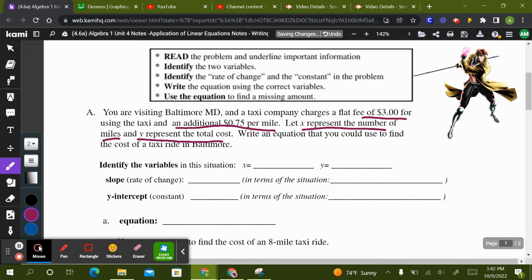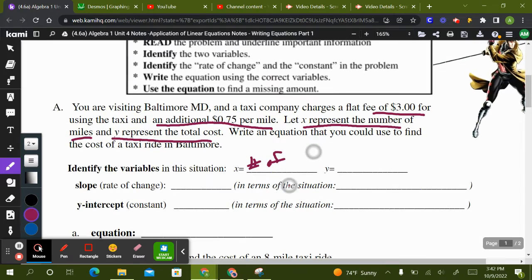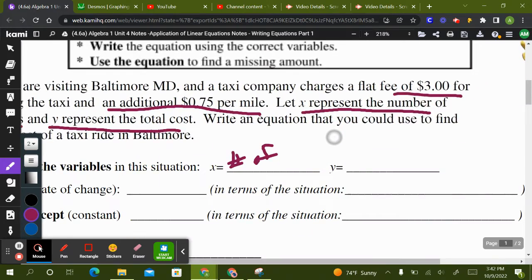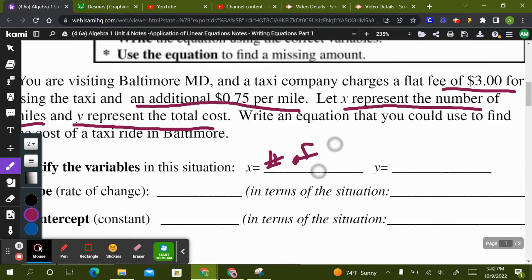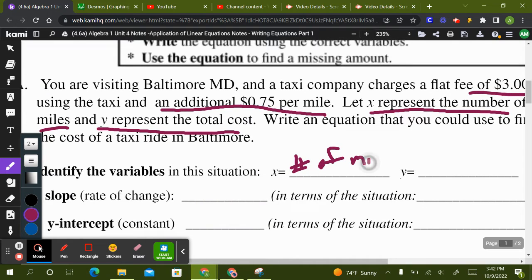Write an equation that you could use to find the total cost of the taxi ride in Baltimore. So it tells us what our x and our y is. It says the x is the number of miles and y is the total cost.